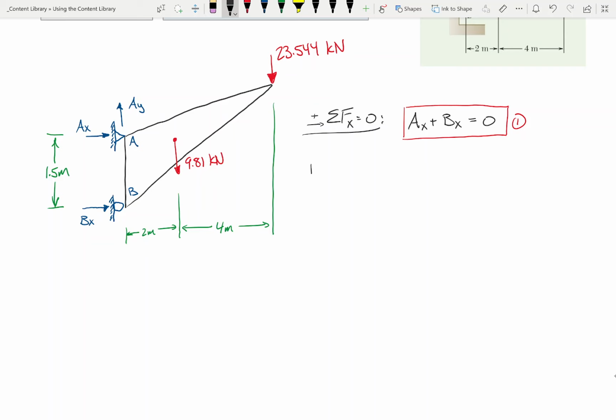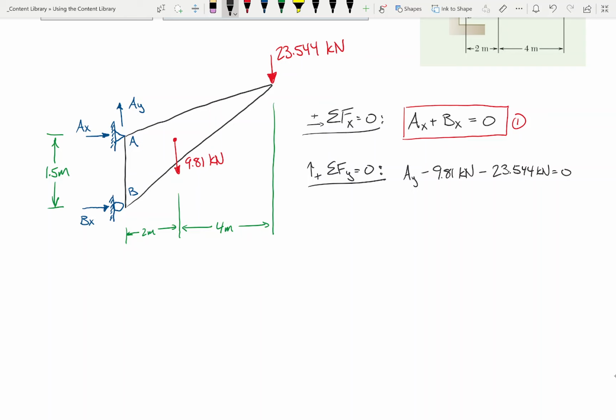All right, so summing forces in the y direction, and we'll assume forces acting upward are positive, I'm going to have AY going upward. I'm going to have 9.81 kilonewtons going downwards, and I've got 23.544 kilonewtons also going downward, and that has to equal 0. I don't have to consider the horizontal forces because this is a sum of forces in the y direction.